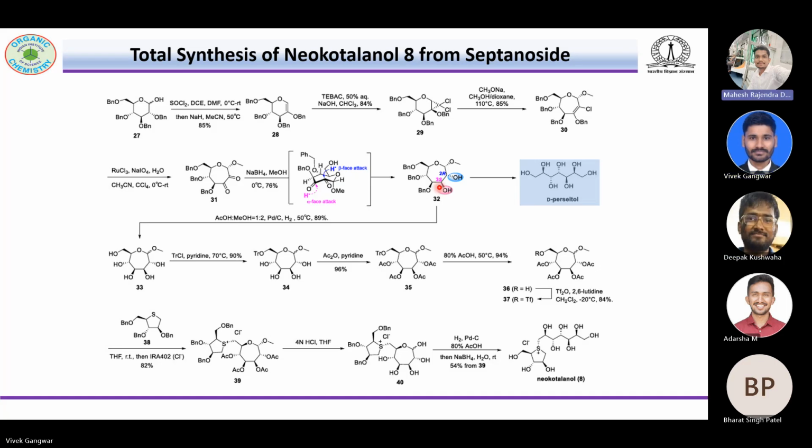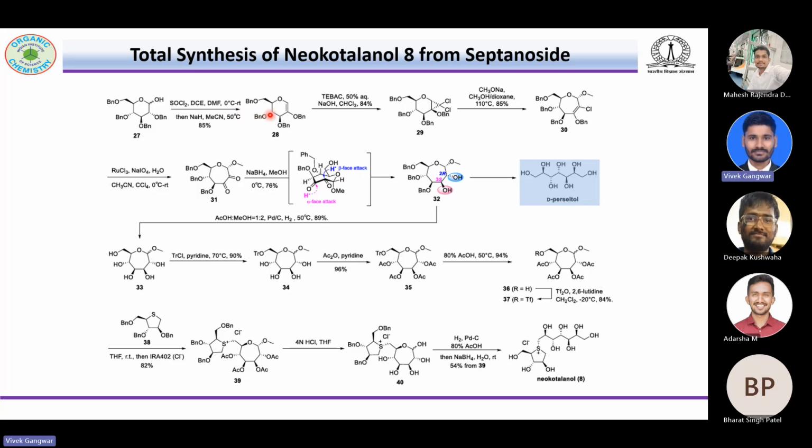But another question is that you are also doing this oxychloroquine formation reaction. So why are people using DCE as a solvent? Why not the others, dichloromethane? In the first step, that reaction you are performing, right? 27 to 28.